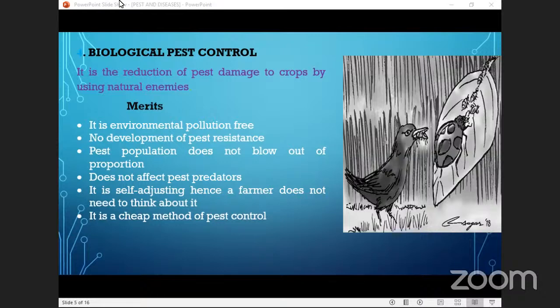It is a cheap method of pest control. The cheap method of pest control does not incur any cost.